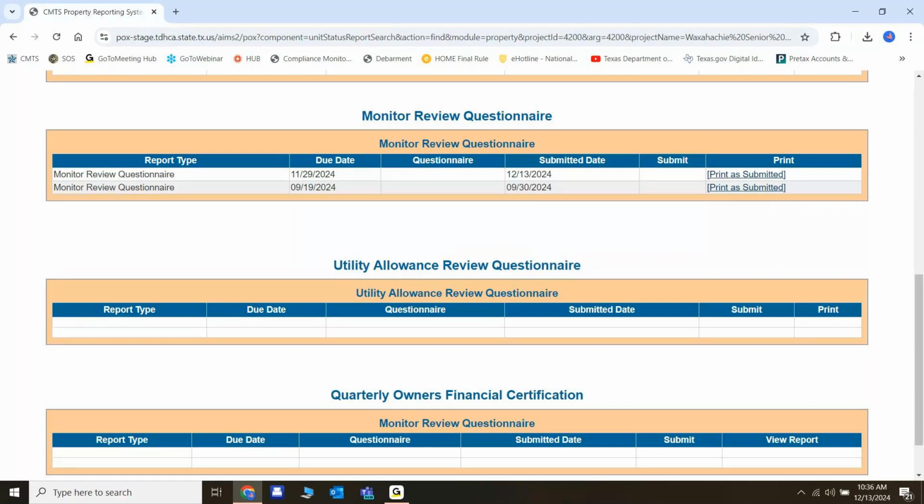And the corrective action would be to complete the monitoring review questionnaire and submit it. But if you want to, you can email me or Kara directly, and we can go into the real CMTS, because this is just a stage environment for training purposes, and we can take a look and see what's going on with that.